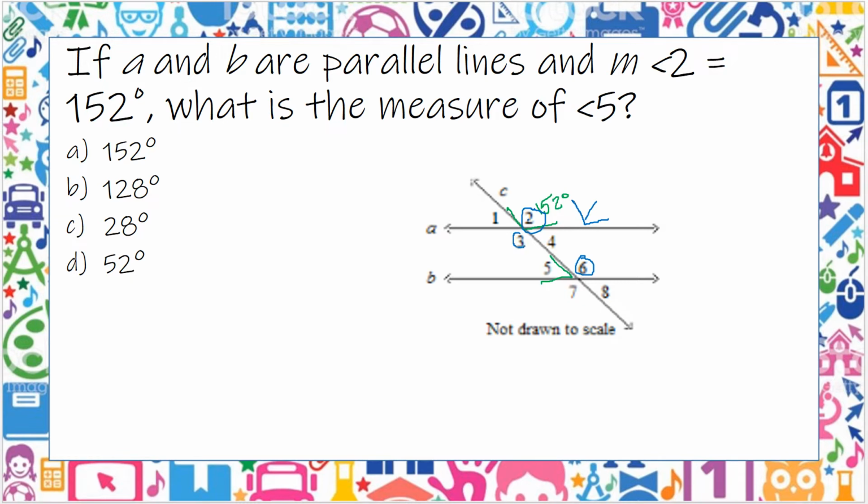Angle 2 and angle 3 are congruent because those are vertical angles. That means angle 6 and angle 7 are vertical angles. So if you know that angle 2 is 152, you also know that angle 6 is 152. Well, angle 5 and angle 6 form that straight line, so they add up to 180, so I could just subtract those and get 28 degrees.